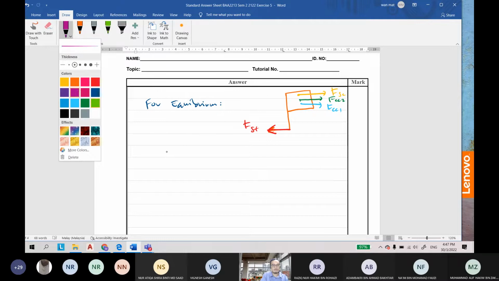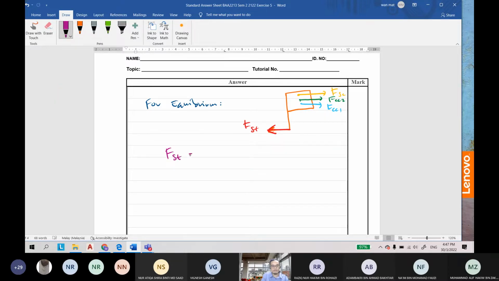For equilibrium, FST must equal FCC1 plus FCC2 plus FSC.